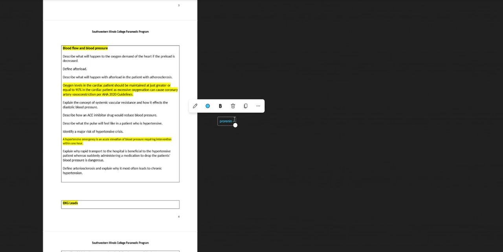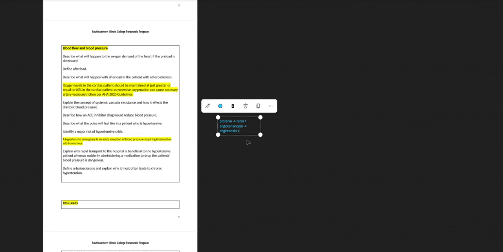Then renin combines with angiotensinogen, and that is going to make angiotensin 1.